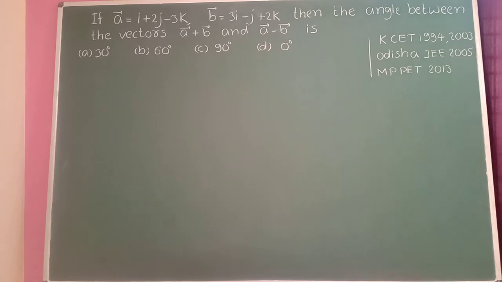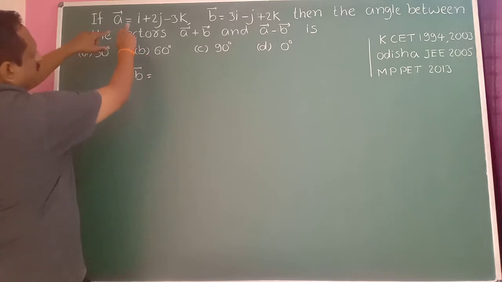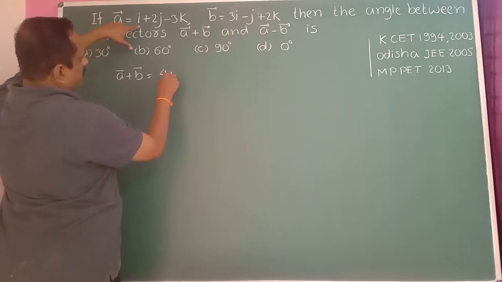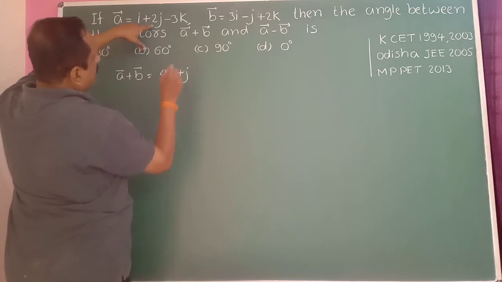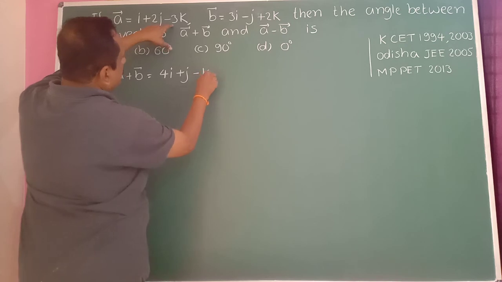Here, a bar and b bar are given. Then find the angle between the vectors a bar plus b bar and a bar minus b bar. To find a bar plus b bar, adding these vectors here, 3i plus i becomes 4i, 2j minus j plus j, minus 3k plus 2k gives minus k.